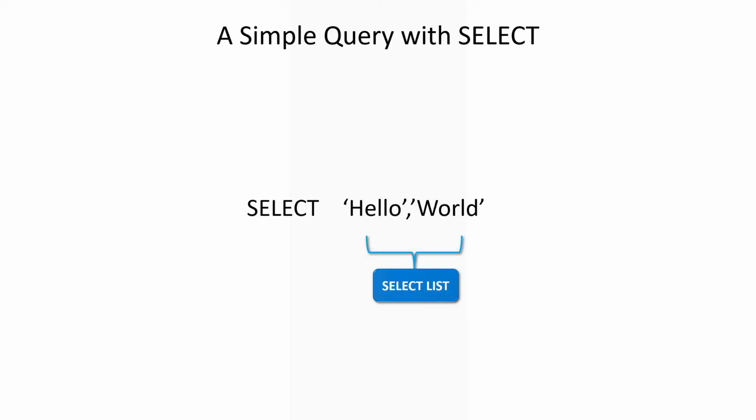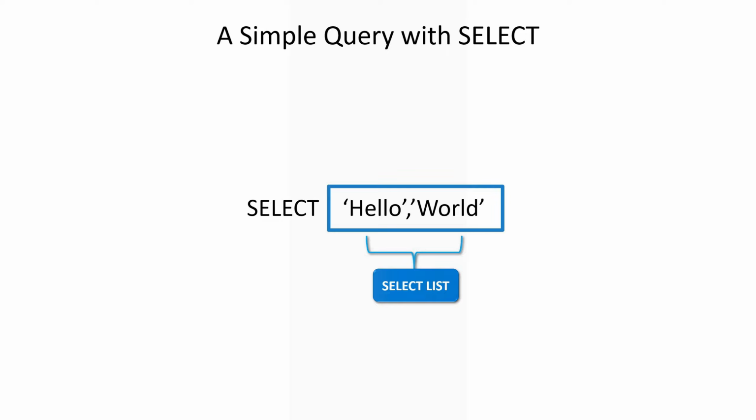Now, this may look like a very odd kind of query. We're not actually getting any data from a database in this case. What we're doing is using the database query to return to us a row with two columns. The value in column 1 will be hello, and the value in column 2 will be world.